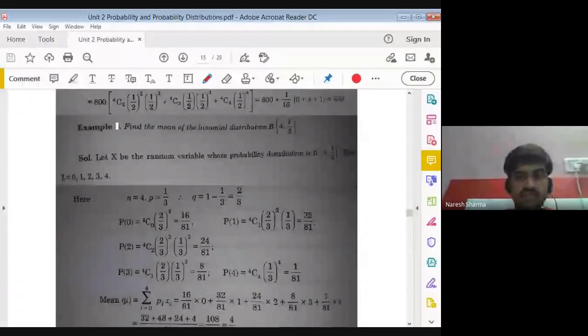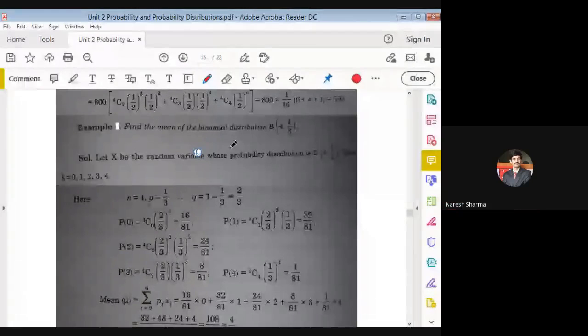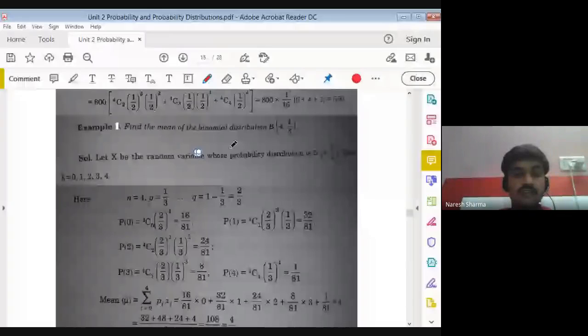So now we discuss a few more examples on binomial distributions. Find the mean of the binomial distribution with n = 4 and p = 1 by 3.